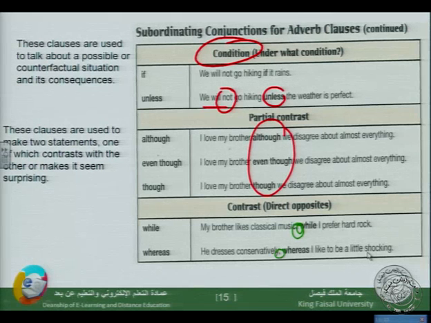Okay, لاحظوا قبلها comma. هذه الكومز مهم تعرفوا لكل واحد من هؤلاء الكونجنكشنز أين تضع الكومة ومعانيها. أنه في الامتحان مثلا or maybe in the exercises you may have some sentences like this. You need to choose the right one. So first you need to understand the meaning and the function of each subordinating conjunction.